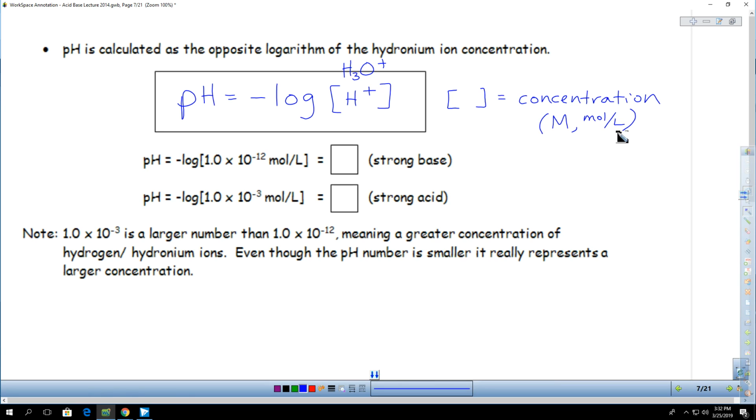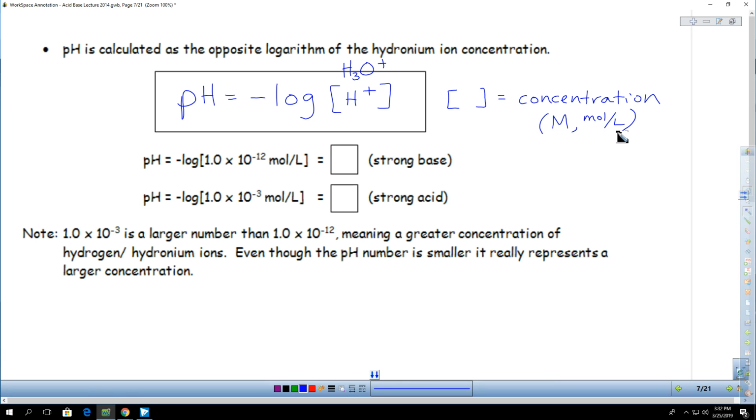The log base 10 is going to be the exponent of 10. So if I have a concentration in scientific notation, like 1.0 times 10 to the negative 12, the log is just the exponent of 10. So the log is negative 12. But pH is the opposite log.